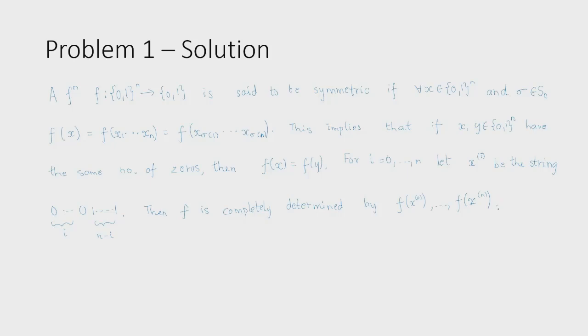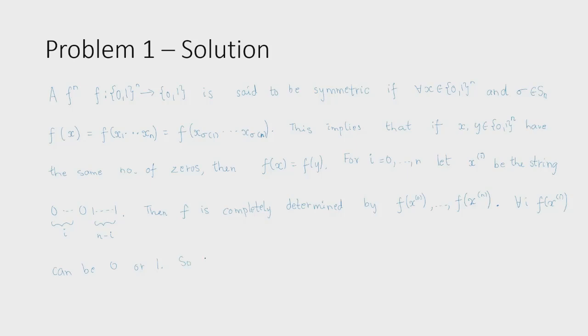So basically, to define f, we only need to define f at these strings, and for all i, for f(xi), there are two possibilities. f(xi) can be 0 or 1.